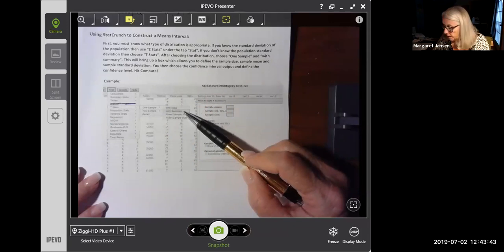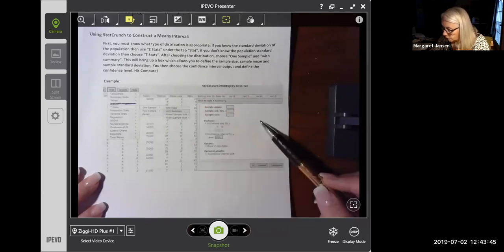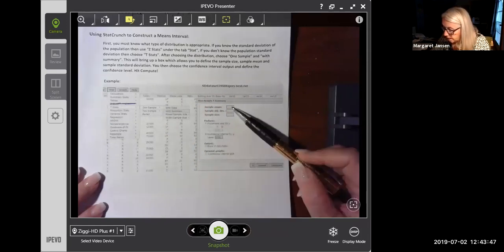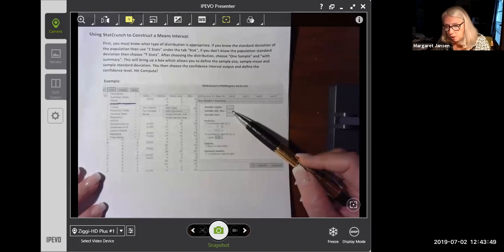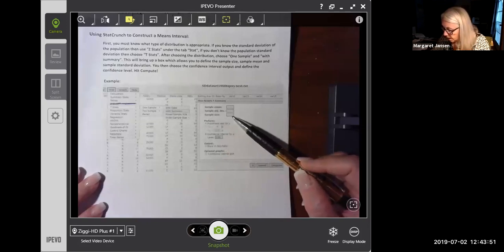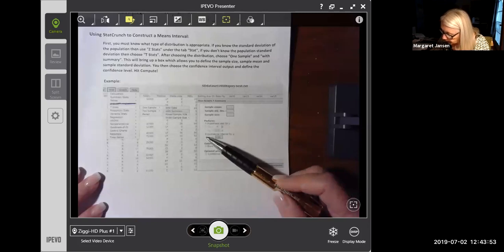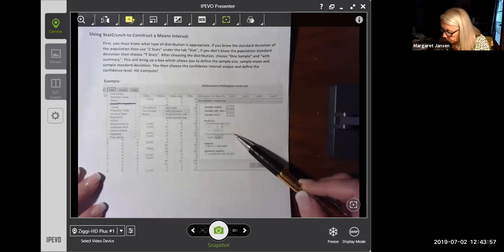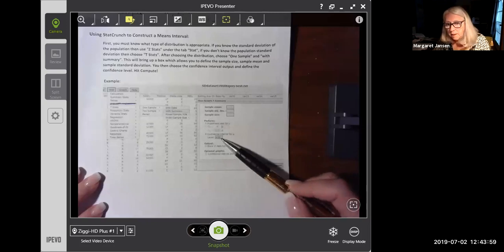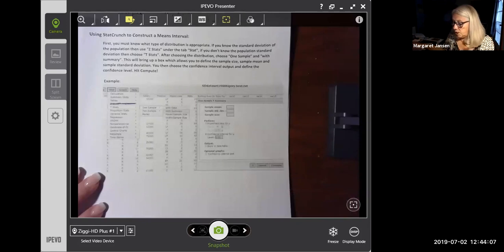That will bring up this window, and you will simply put in your sample mean, your sample standard deviation s, and your sample size. Then you'll need to click on this little circle to indicate that you want to do a confidence interval, and you need to make sure that this number for the confidence level matches what you were asked. Okay? So I want to do the problem that I just did by hand using StatCrunch.